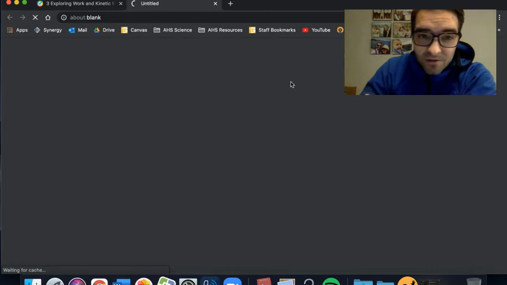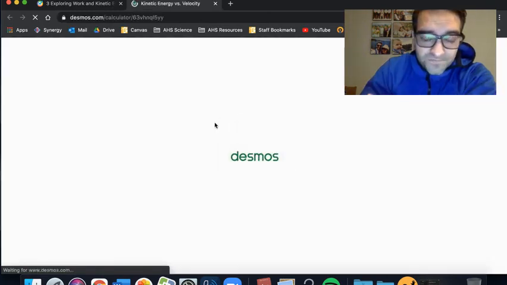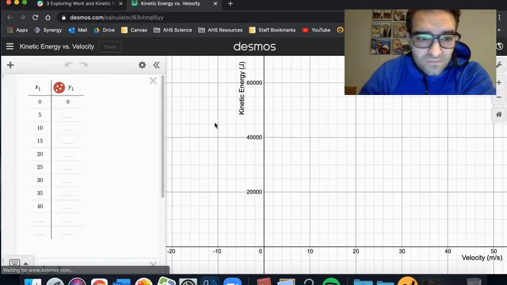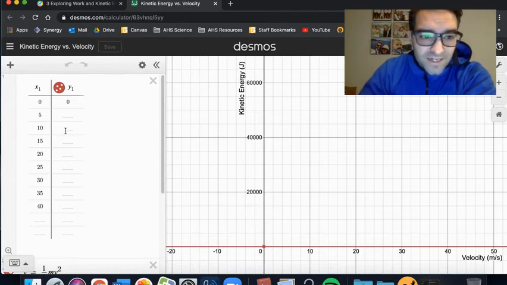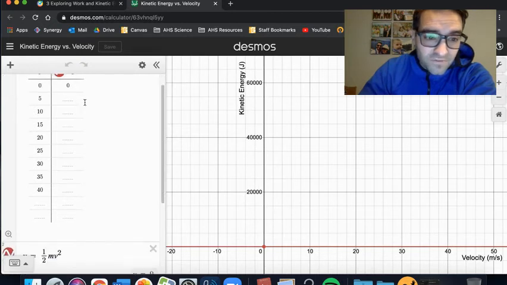So I'm going to open this template that I've created for you and show you how to use it. Even though the titles are slightly different, X1 and Y1, this is the same table. Here are your velocities, across the bottom, and here is the kinetic energy that you're going to be solving for.